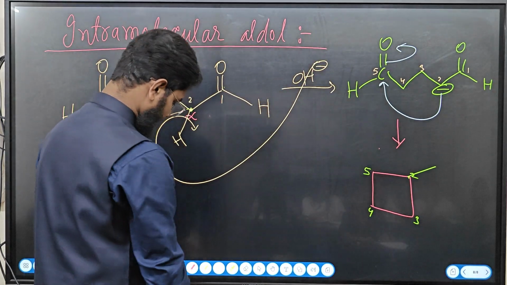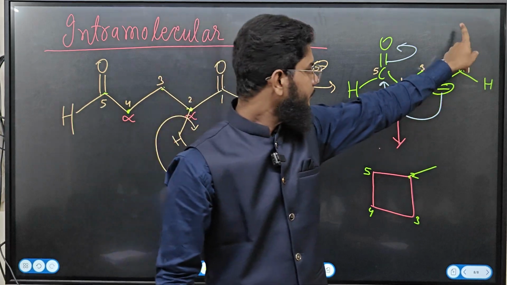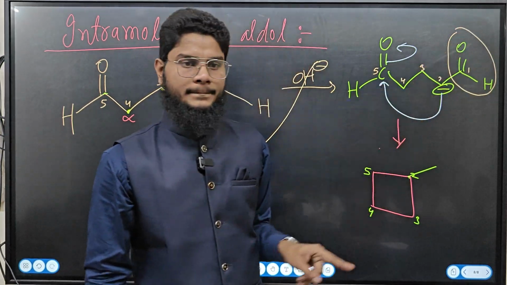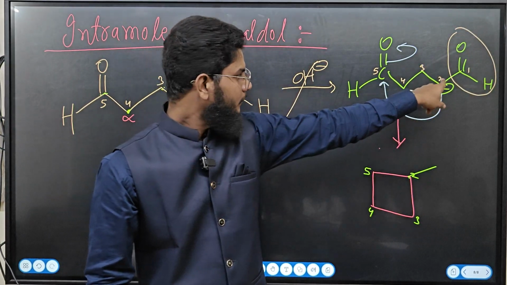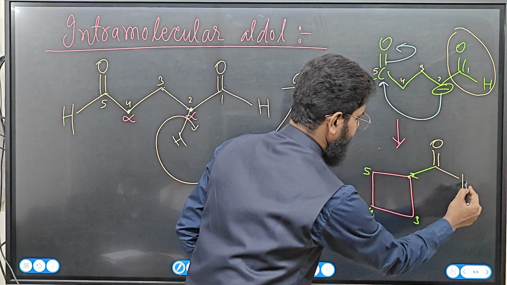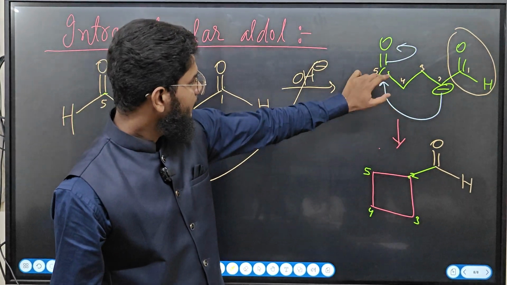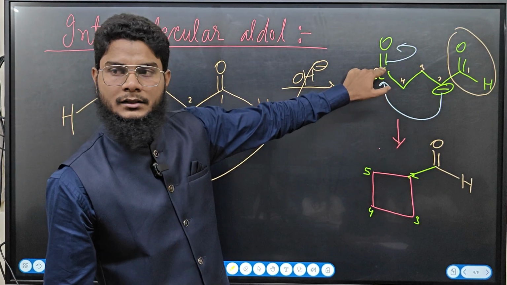Right? So with 2, this part is attached. Yes or no? With 2, this part is attached, so write it down as it is. Next, look at 5.